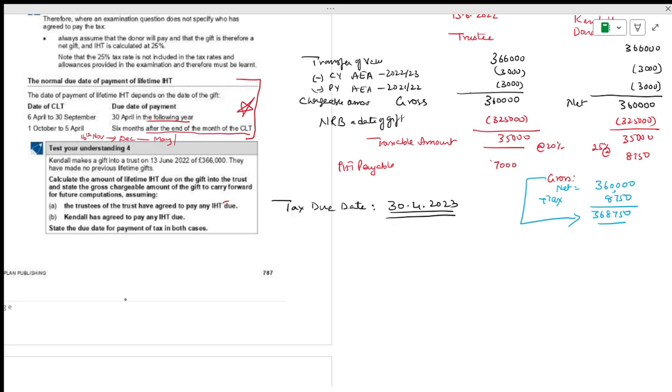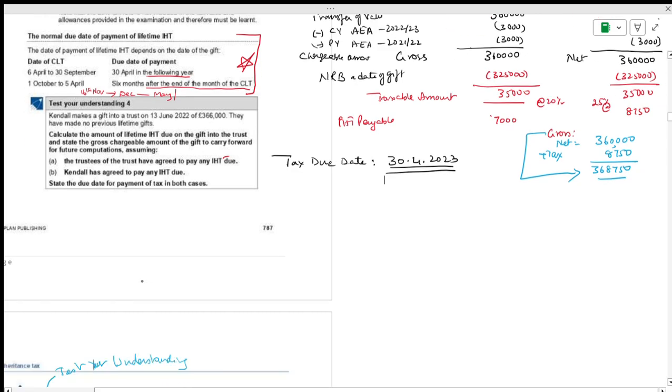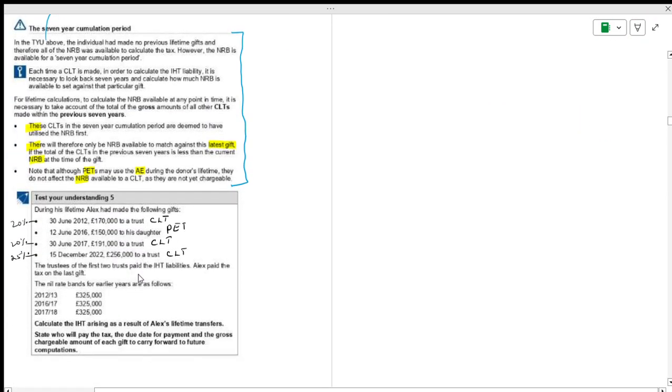Fine. Now, how do we have to do it? Tell me fast. We take the first CLT. What is the date? 30th June 2012.